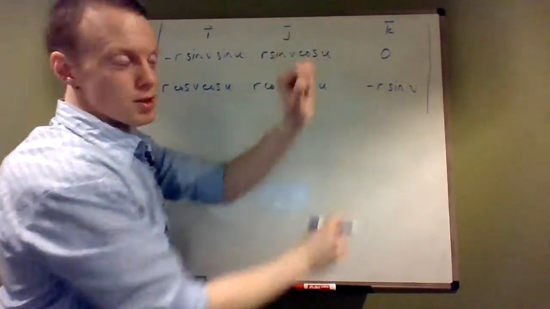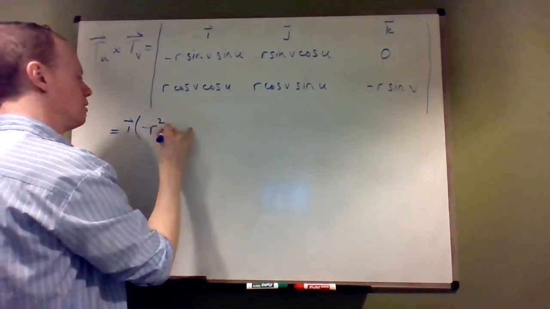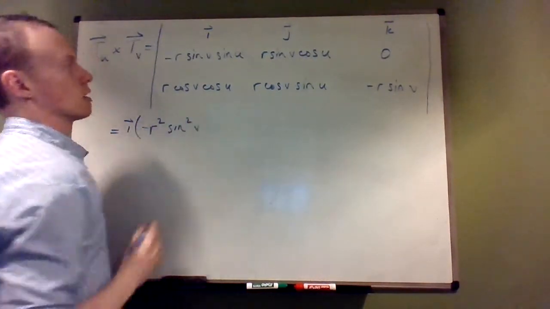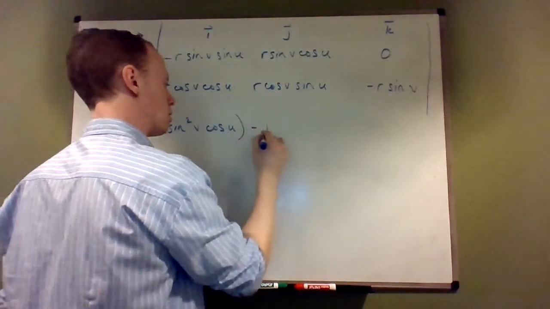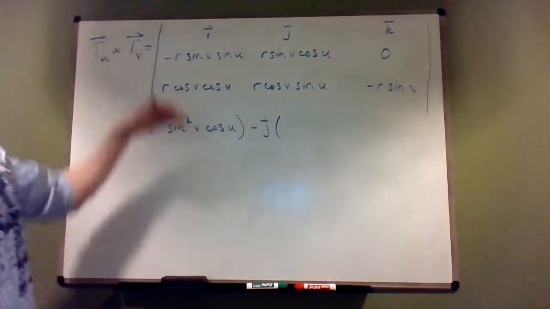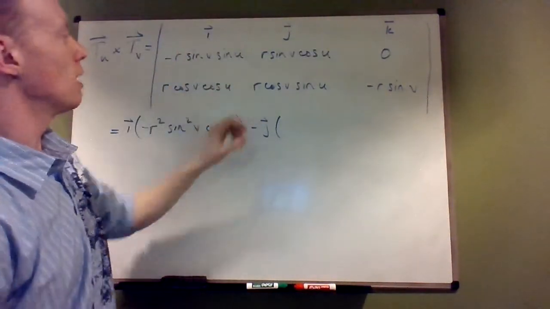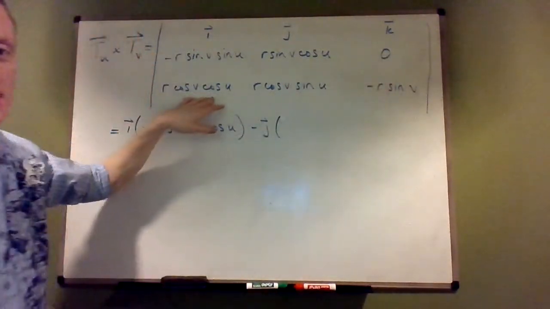So it's just this product here, which is minus r squared sine squared v cosine u. Minus j hat, and now times the minor, A times D minus B times C.